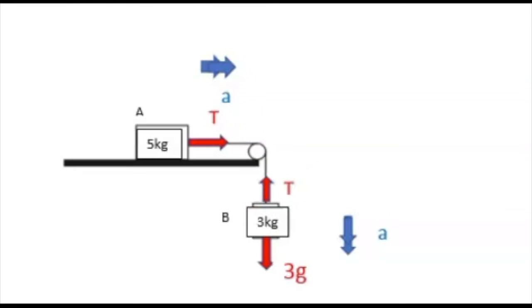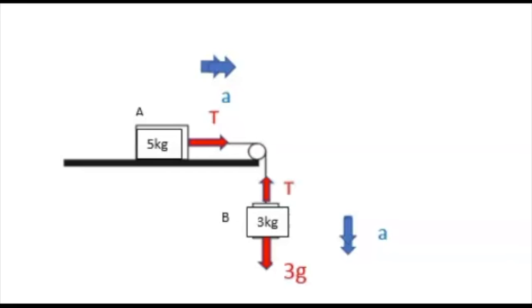So what would happen in this question if we changed the two masses over? So the 3 kilogram was hanging and the 5 kilogram was on the horizontal surface. Does this mean that the system would not move because 3 kilograms is lighter than 5 kilograms?